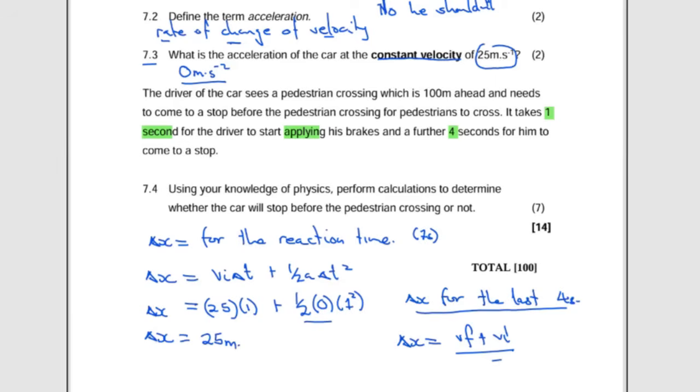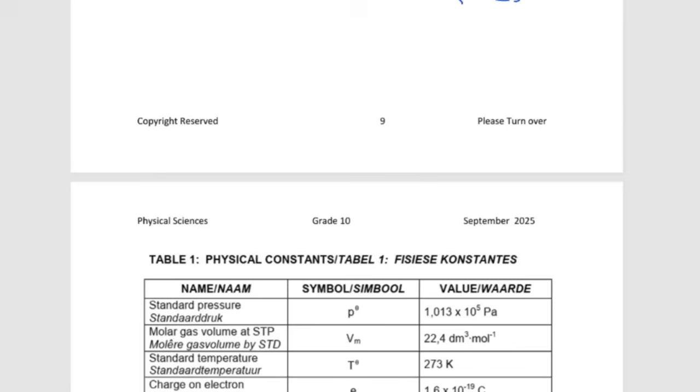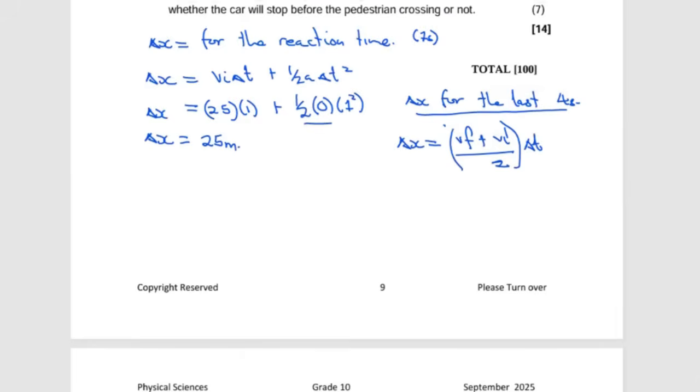It comes to a stop, therefore I'm going to say 0 final. Then initially you are traveling at 25, then multiplied by 2 seconds, right? So if we do our math, I'm going to get a value of 50.